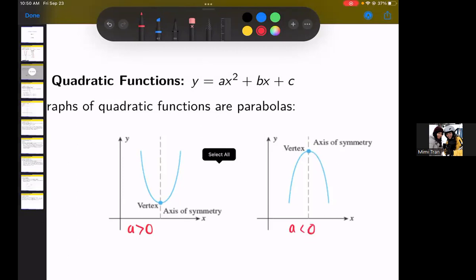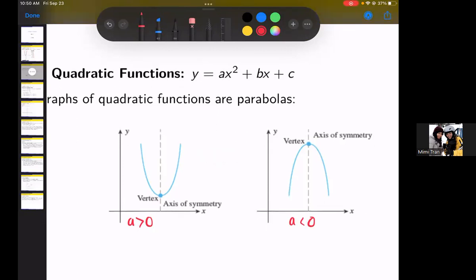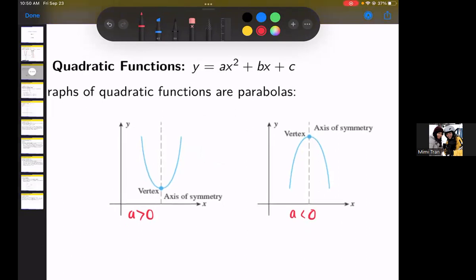The axis of symmetry splits the graph into even halves. And the point right there is called the vertex for both. Later, when you go to higher math, especially calculus, they call this the global minimum, and then the global maximum, I mean the highest point, right?